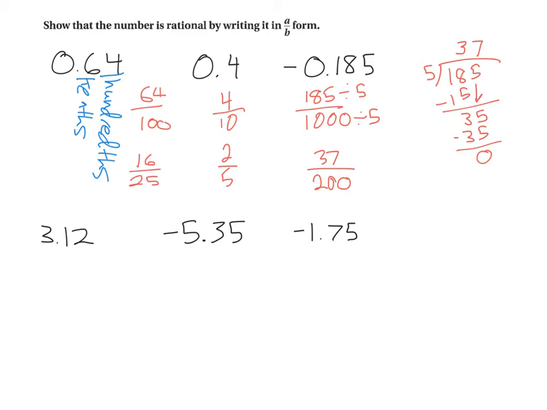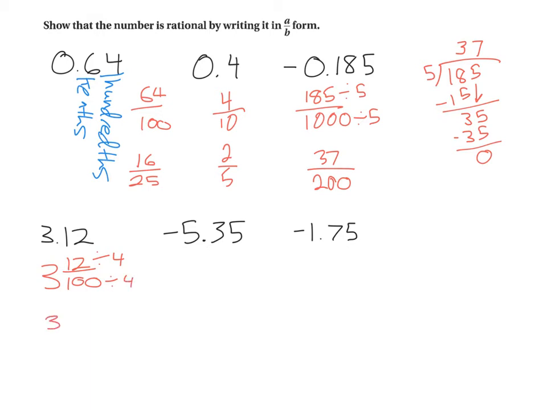If we have decimals greater than 1, we can do the same thing. I have 3.12, that goes to the hundredths. So I'm just going to deal with the fraction first. Well, I guess I could write this as a whole mixed number, right? I can do 3 and 12 hundredths. That's the same as 3.12. Now I just have to simplify the fraction before I go any further. I know that I can divide 12 by 4 and 100 by 4.